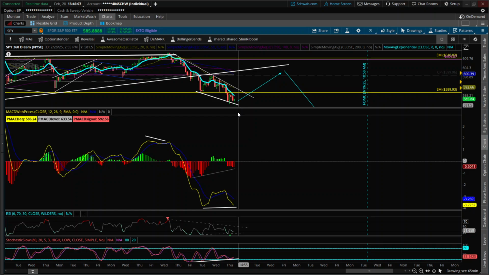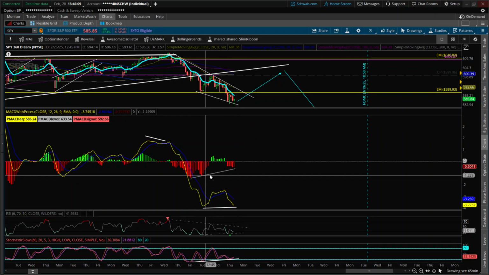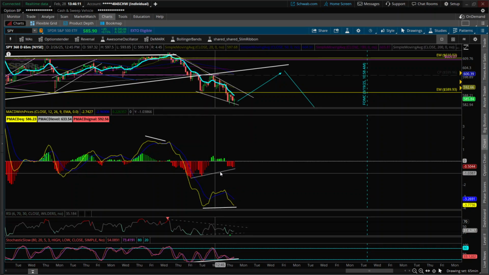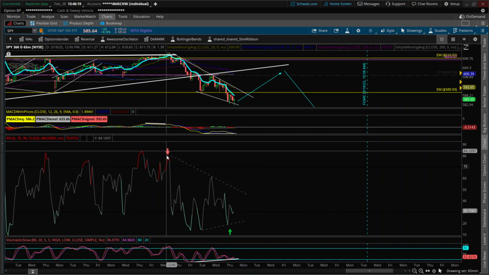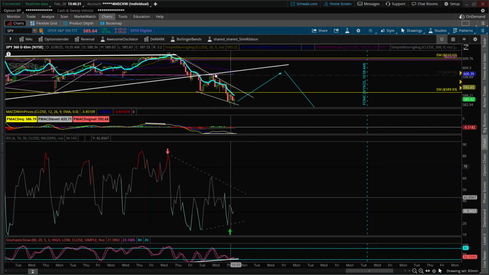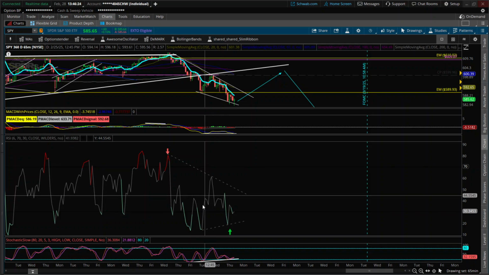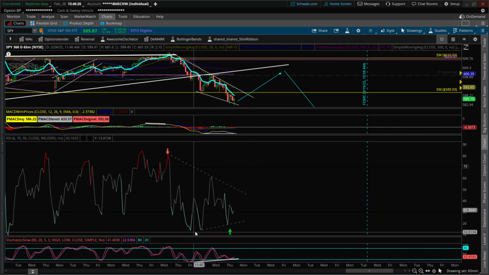And we had the histogram heading upward with positive divergence on the MACD. And then on the RSI, we're getting this tightening price action with positive divergence, just like the wedge is tightening up.